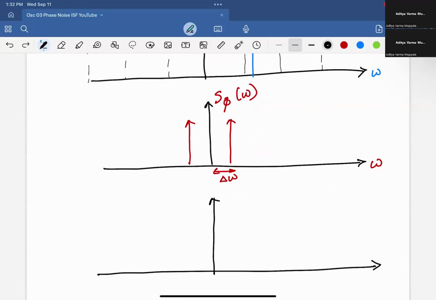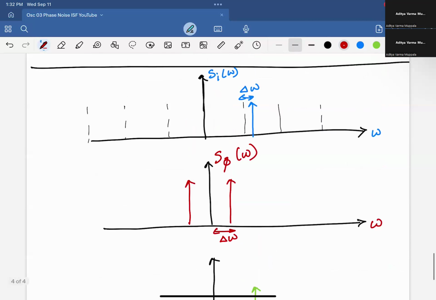So let's use maybe green for this one. So this was my omega naught, right? And then these signals form these sidebands. Right? And of course, we looked at only a single signal right now.